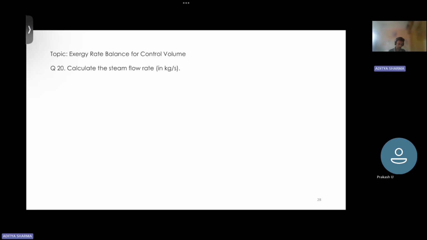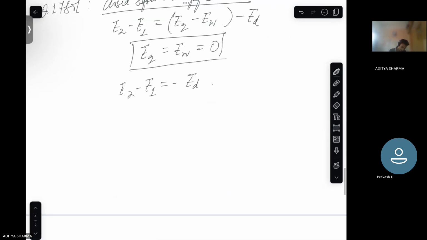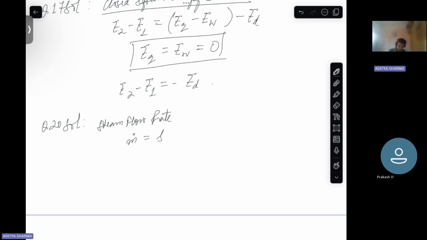Okay. So first it says that steam flow rate we need to find, in kg per second. That is mass flow rate we need to find, right? So what is mass flow rate? Question number 20. It is rho AV, right?